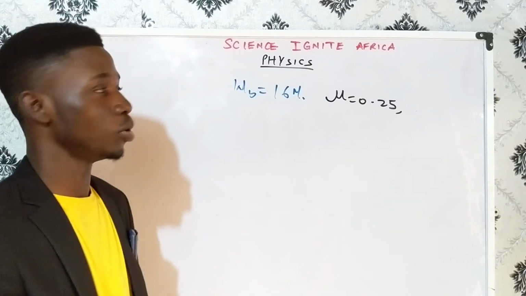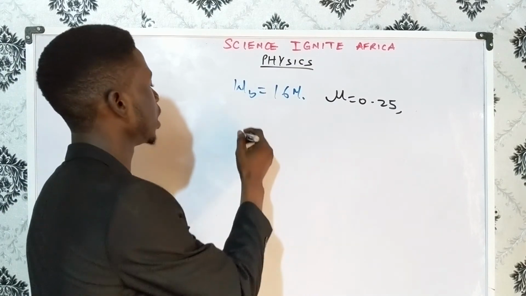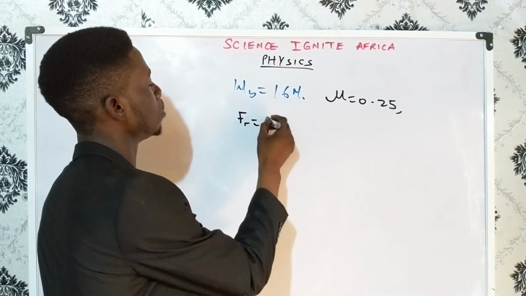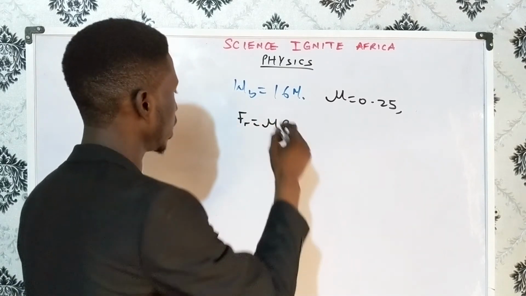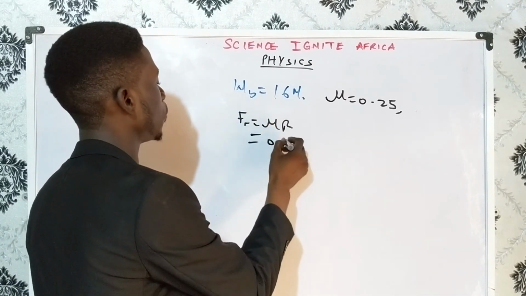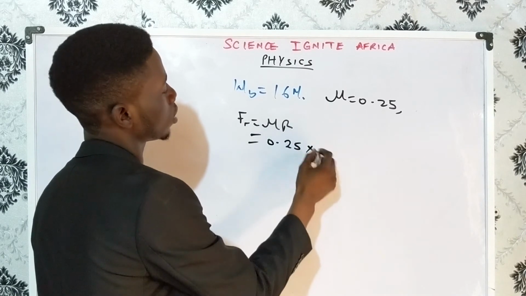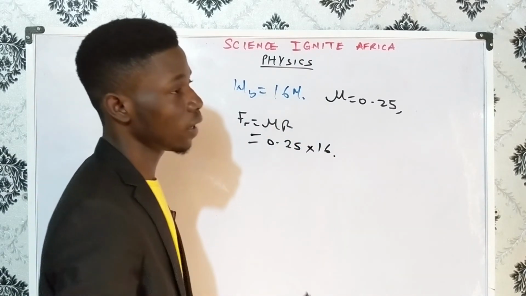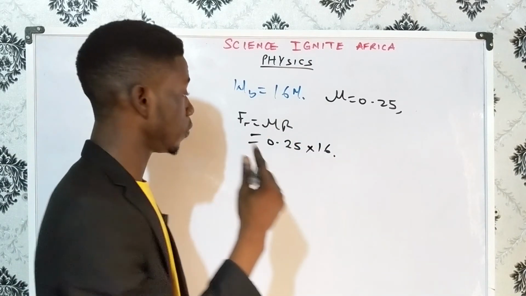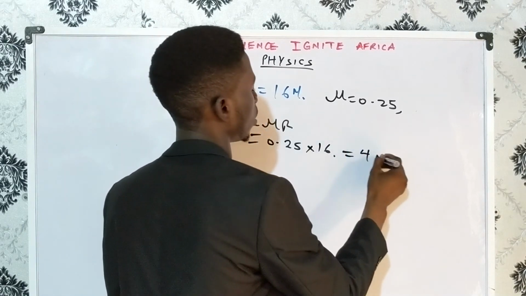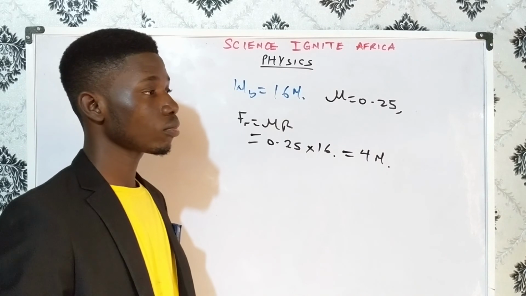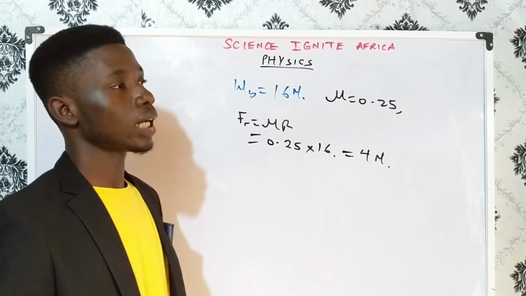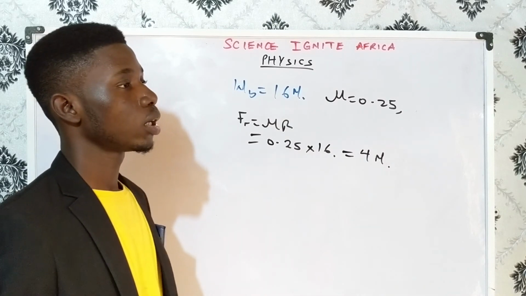And this is very simple. The frictional force is mu R, and our R is still the same thing as the weight of that object. So that will be 0.25 times 16, and if I'm not mistaken, that should be 4 Newton. So that's that about that question.